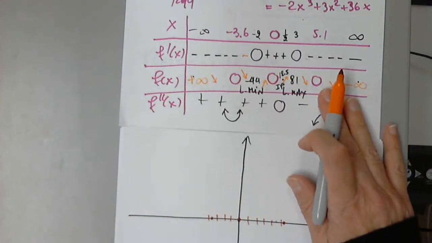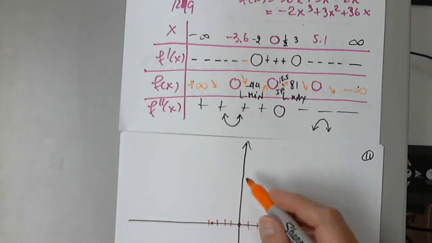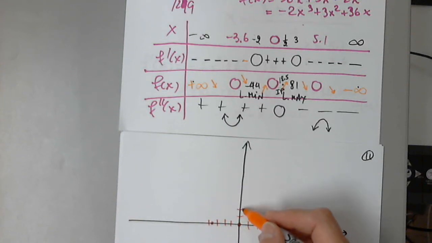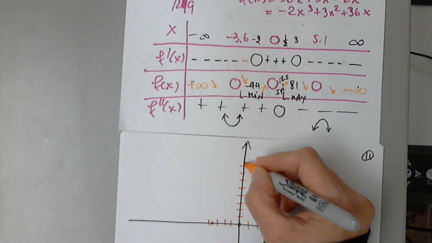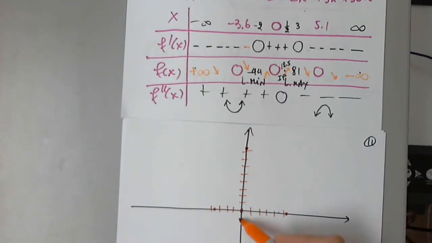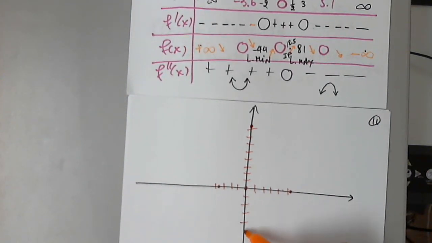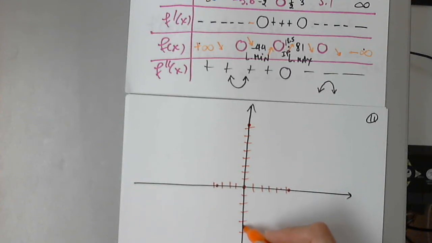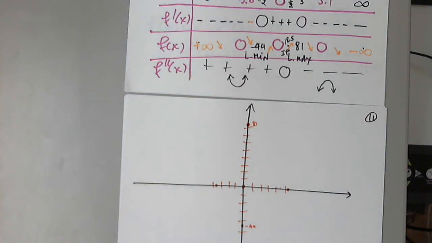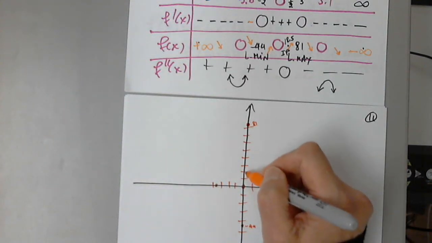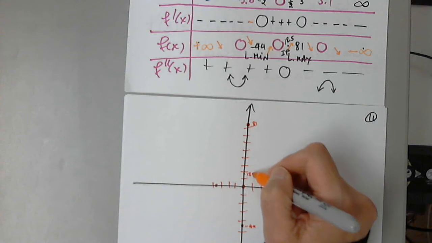So I'm going to choose a scale of 10 for the y-axis. 1, 2, 3, 4, 5, 6, 7, 8. And 1, 2, 3, 4, 5. So this will be negative 44, and this will be 81. This is just a scale. And 10, 20, so it's going to be this 18.5.